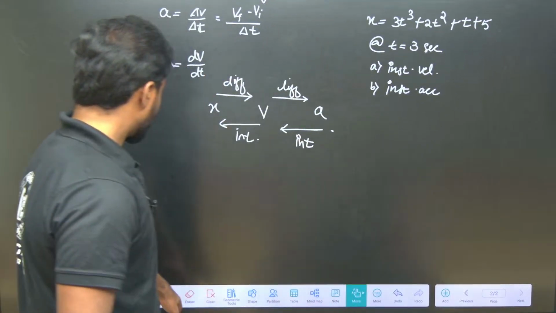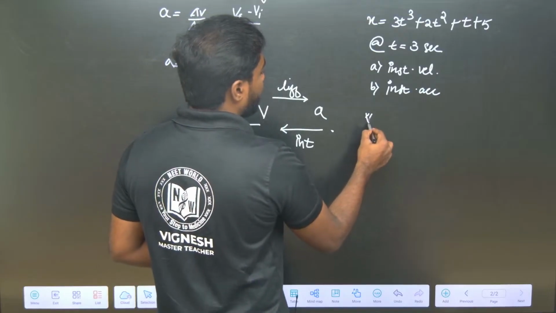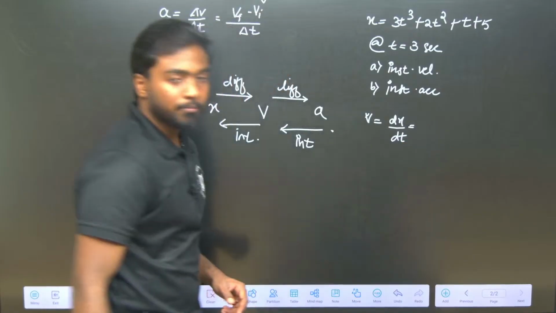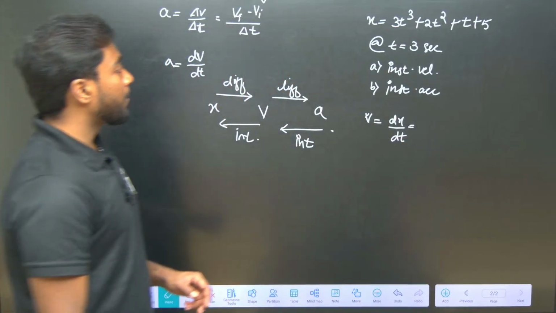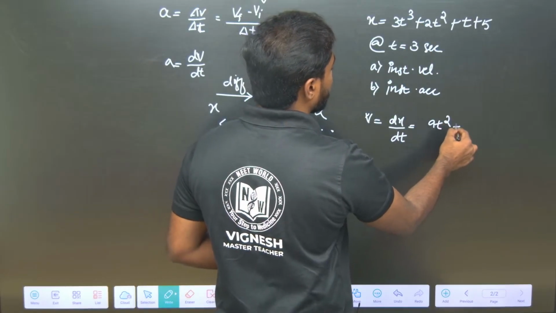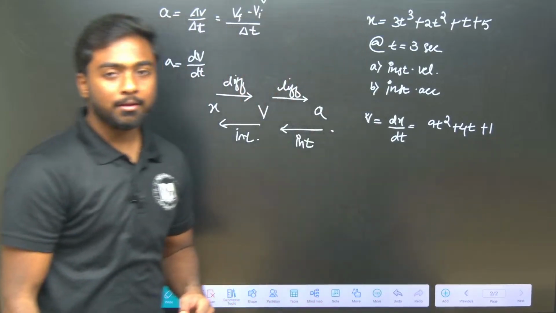For this question, v will be equal to dx by dt. So what will be dx by dt? 3t cube gives 9t square, plus 4t plus 1, the constant will be 0.